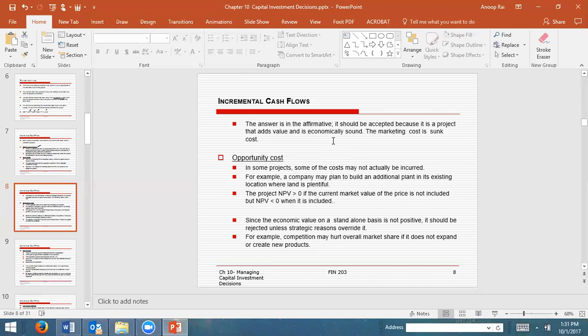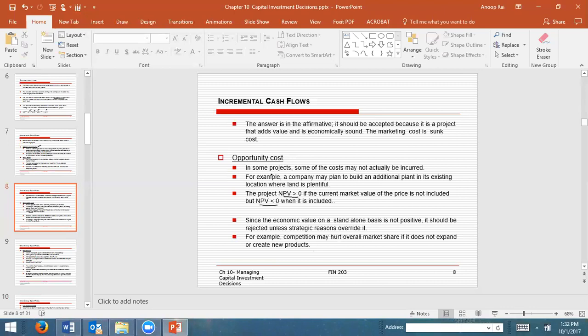But if you had built the plant outside, or even assumed a market value for the land within that company, then the net present value is zero. So in other words, this project is profitable only because you're getting a subsidized land. So the question is, should you undertake this project?